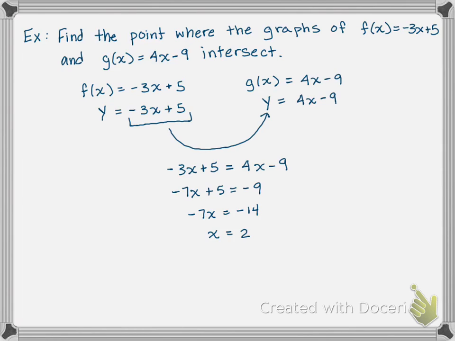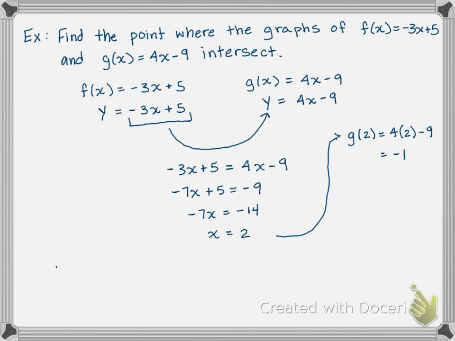Then we'll take that and plug it back into either one of the functions to get our y value. So g of 2 equals 4 times 2 minus 9, which is just negative 1.